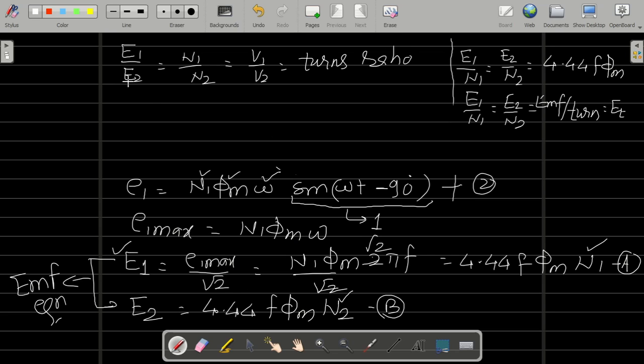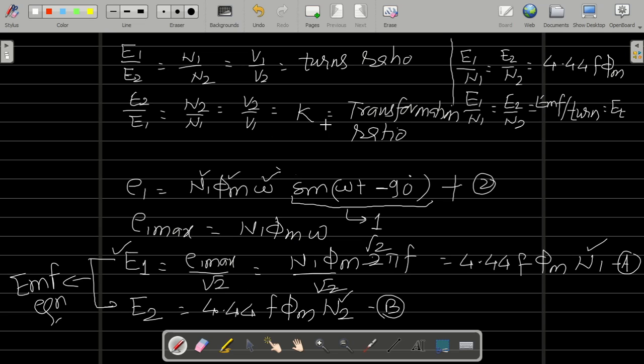Some people use the term transformation ratio in some books, but in some books they are using that word for E2 upon E1 equal to N2 upon N1 equal to V2 upon V1. This is called the transformation ratio K. So just to avoid confusion, some books take E1 upon E2 as the transformation ratio, but everywhere I am going to use the formula E2 upon E1 equal to N2 upon N1 equal to V2 upon V1 equal to K, the transformation ratio, and for E1 upon E2 I am going to use the turns ratio.